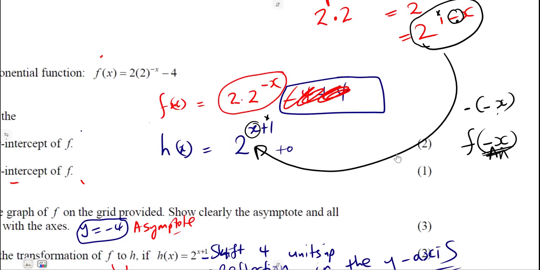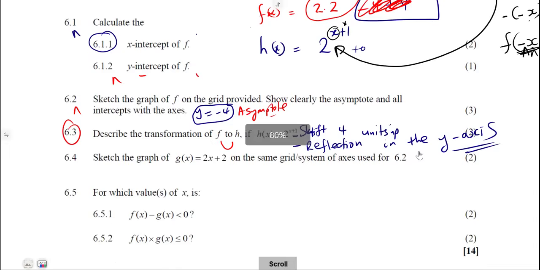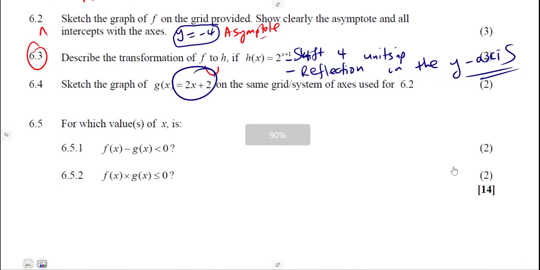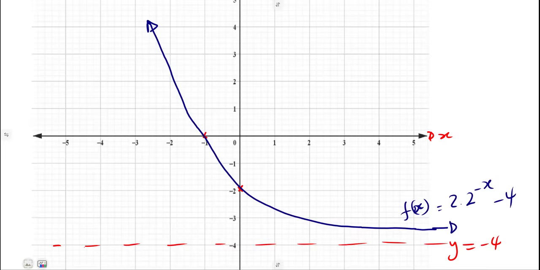You study from the original to the one that you now have, to say what actually happened in order for me to get this. All right. Then later on, they wanted you to sketch g of x, which is equal to 2x plus 2, on the same grid where we answered 6.2. When you're given this type, it's a straight line.